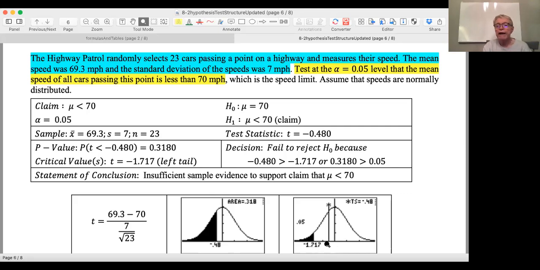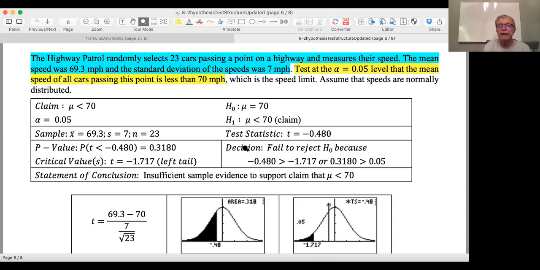We would say that the test statistic is not in that critical region. So the critical value on the left is less than the test statistic, which will cause us to fail to reject because the test statistic is not unlikely.